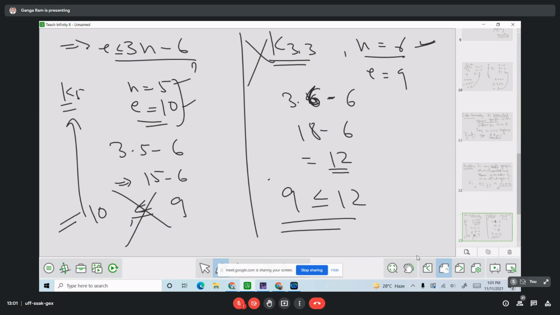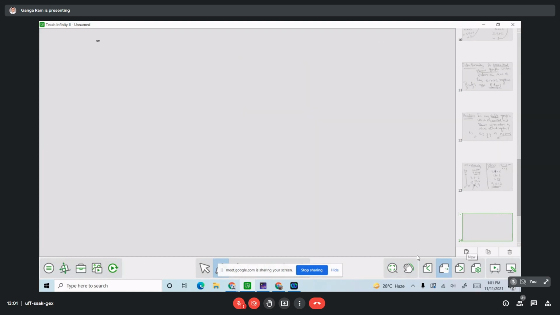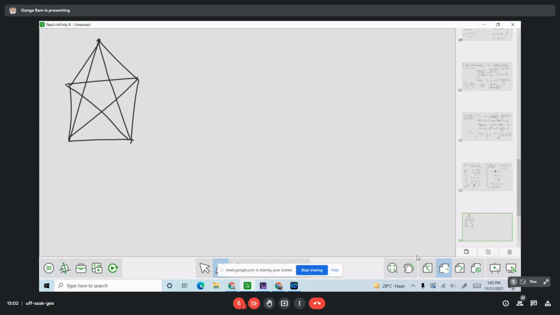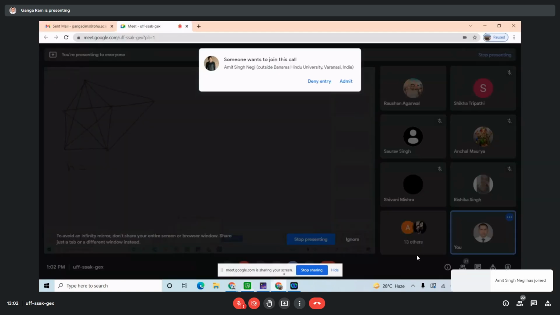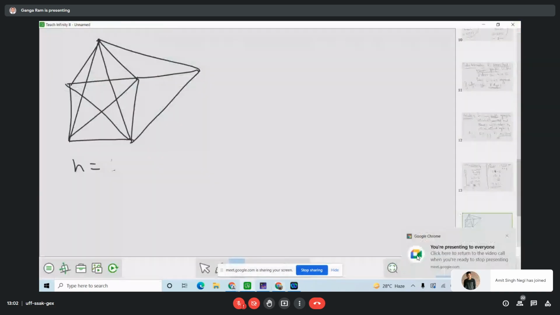If the order and size of a graph is very large, for example, this is not a complete graph. What is the order and size of this graph?